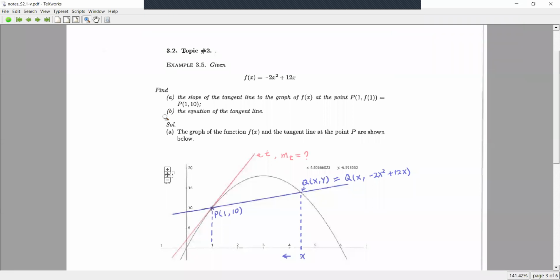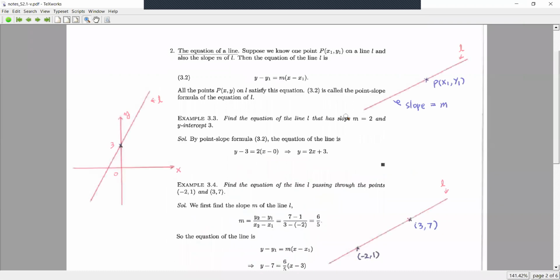Part B of this example. Write down the equation of the tangent line. From part A, we obtain the slope of the tangent line. It is 8. Now we have the slope of the tangent line, and also we know one point on the tangent line, point P. Then by the point slope formula, we can write down the equation of the tangent line.